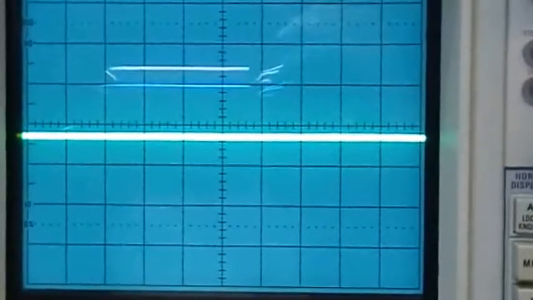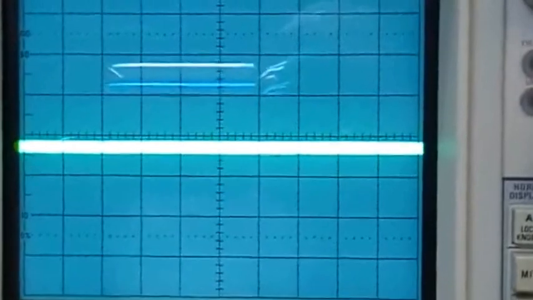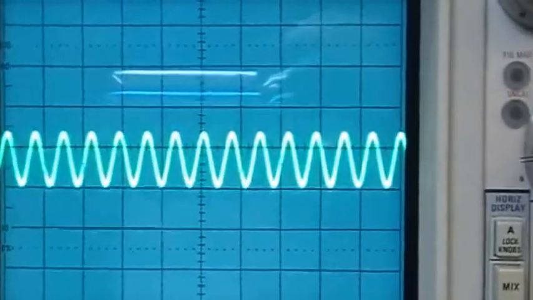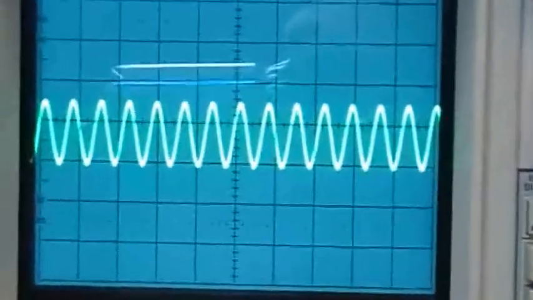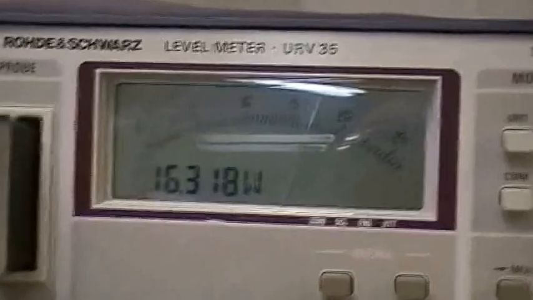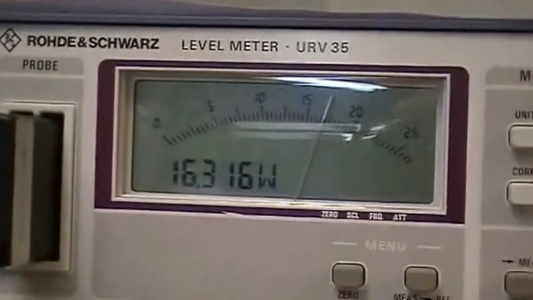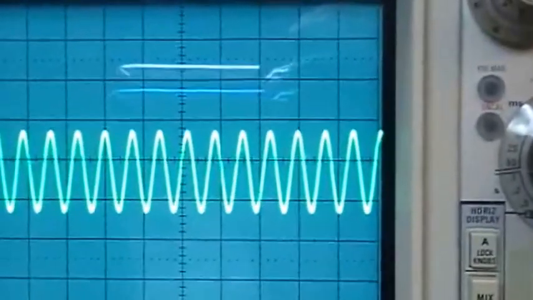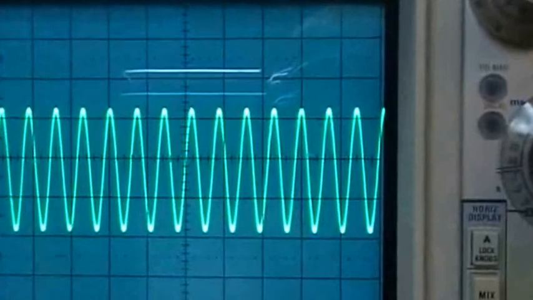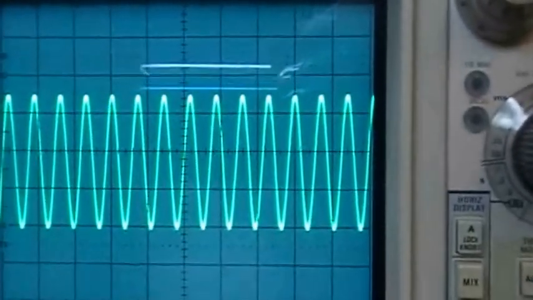And now we are increasing drive, and what you see is a nice sign, it is 16 watt, and if we increase drive more and more, that is now maximum.